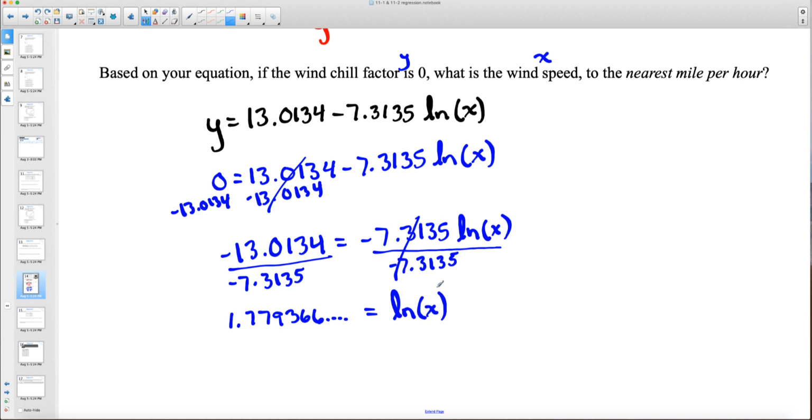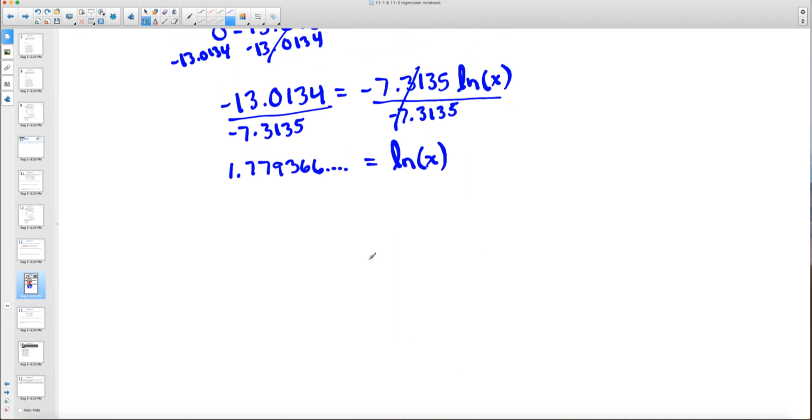Okay. So we're at this point here where you might not remember what to do, but hopefully you do remember what ln stands for. ln, if you remember from our previous unit on logs, ln is a natural log. ln is log base e. So it's really log base e of x. Now that we have a log with a base, maybe remember if you're in log form and you're kind of stuck, there's nothing else you could do.